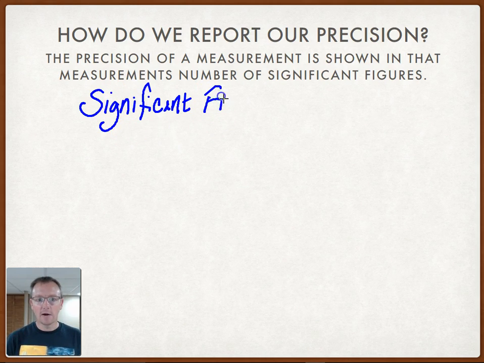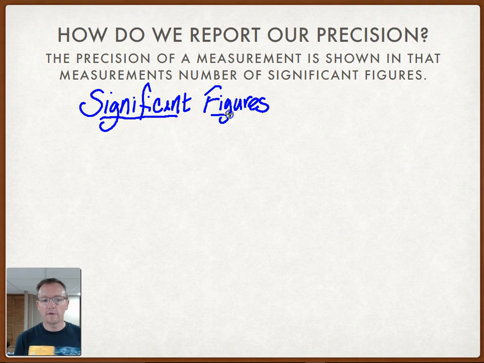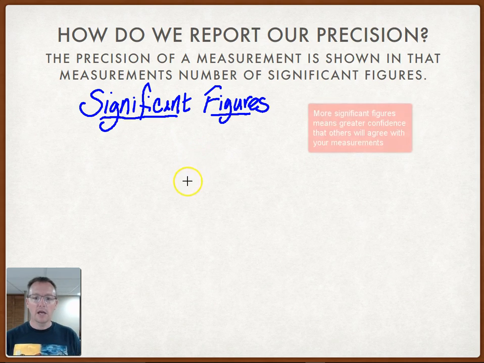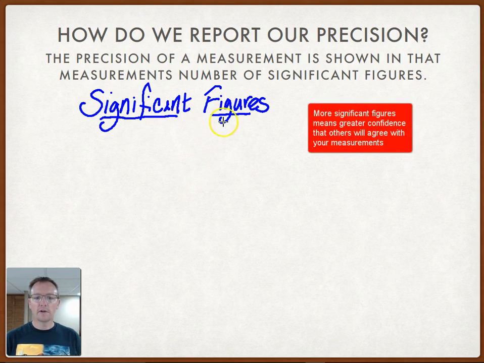Significant figures are a bit of a pain, and they are important for every single answer that you give in this class. So you want to make sure that you are always taking into account the number of significant figures that you have in an answer. And really, the significant figures that you have in an answer is a measurement of your confidence.